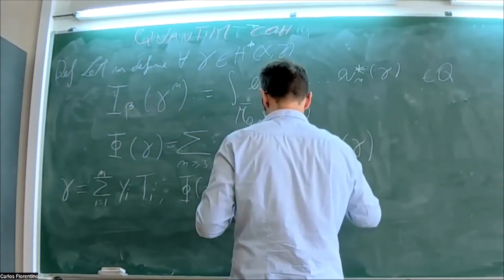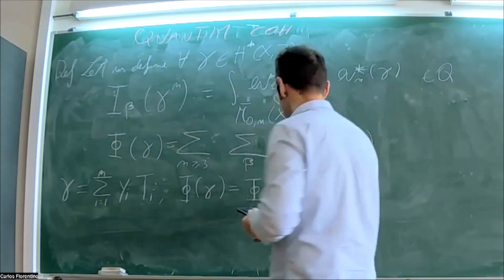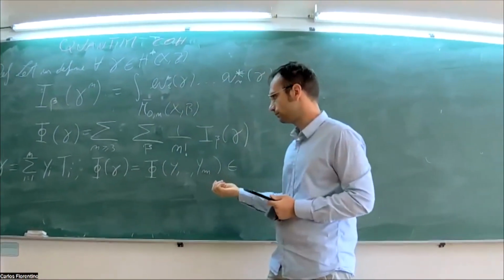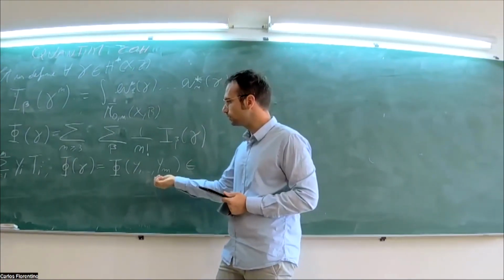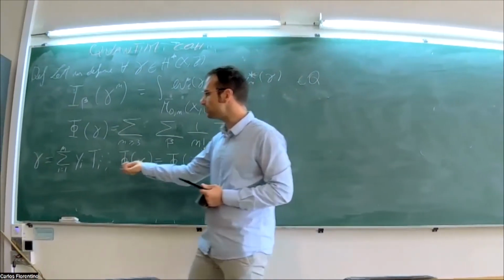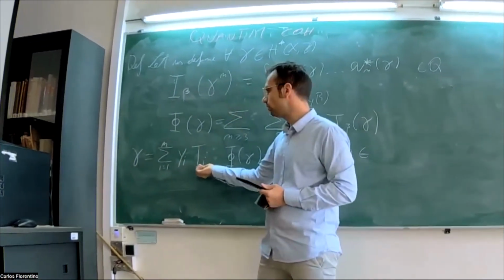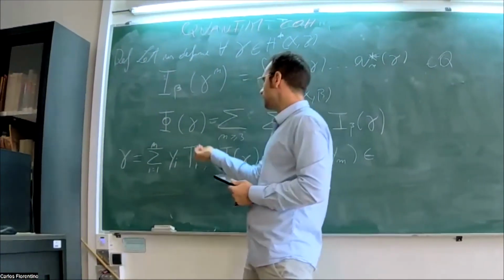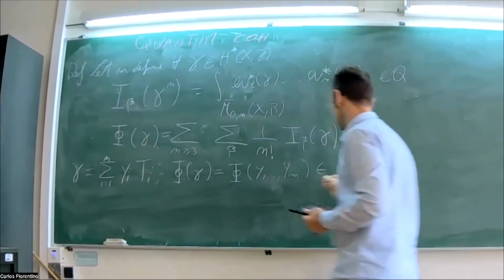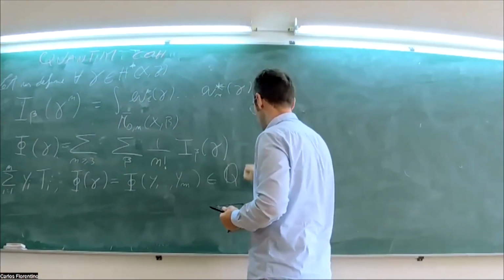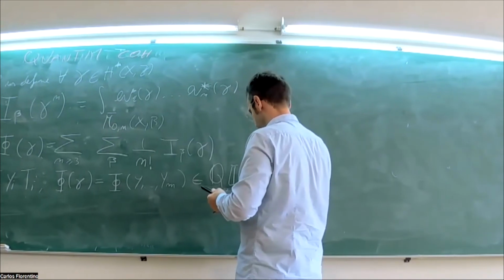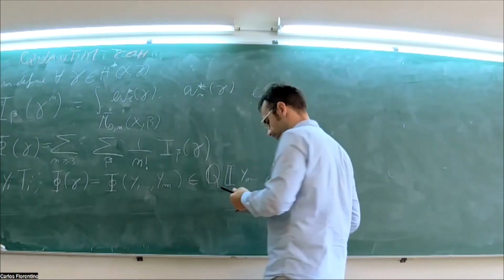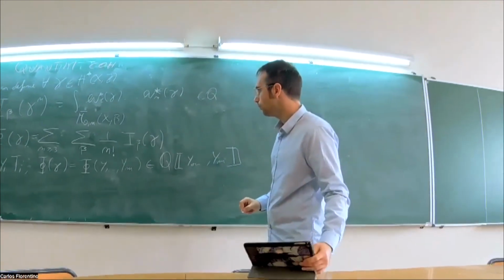This is just to point out that when gamma is written in this form, a sum of a formal variable and T_i, this becomes a formal polynomial. Why?